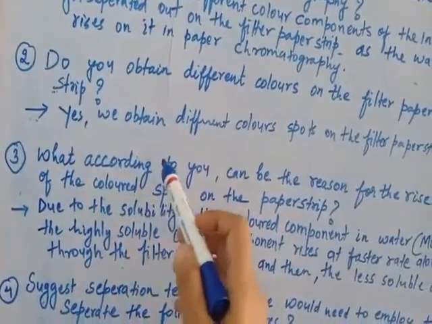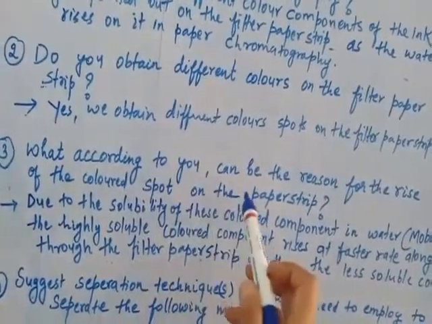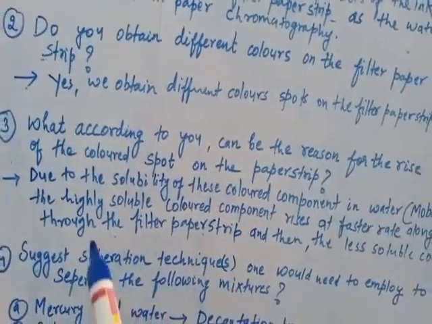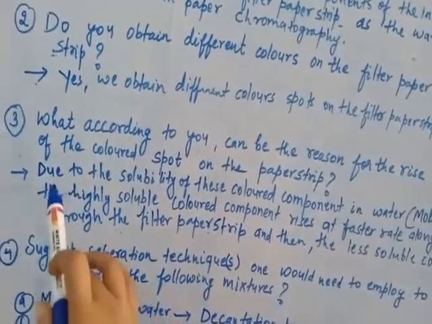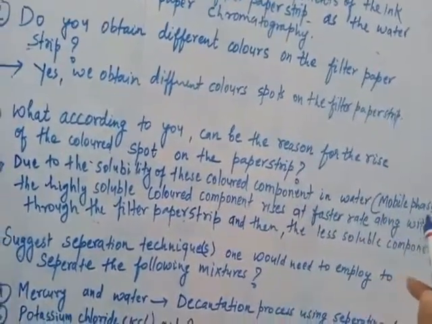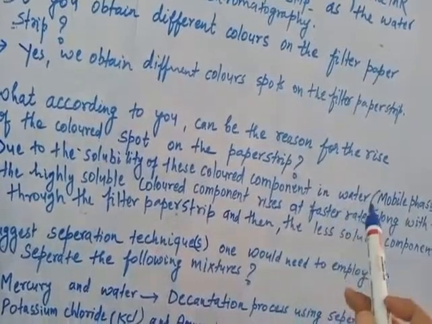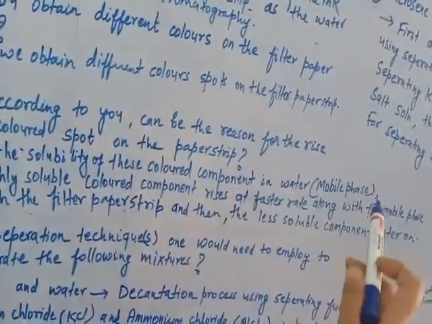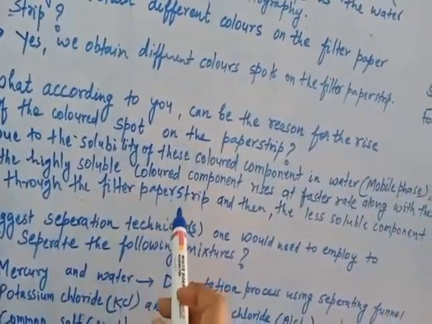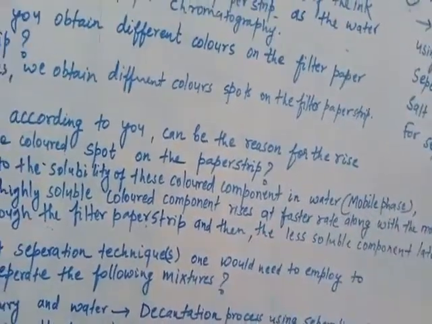The third question is, what according to you can be the reason for the rise of colored spots on the paper strip? There we got to know that due to the solubility of these color components in water, or in the mobile phase, the highly soluble colored component rises at a faster rate along with the mobile phase, that is along with the water through the filter paper strip, and then the less soluble components later on.